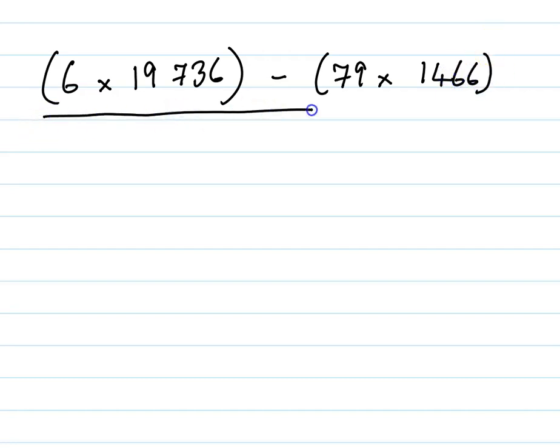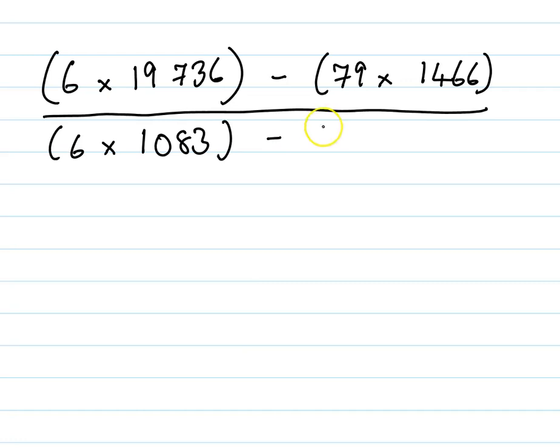And that is going to be divided by, go back to the formula, n is 6, multiplied by the sum of x squared, which is 1083, minus, brackets, the final bit is the sum of x, 79, squared.